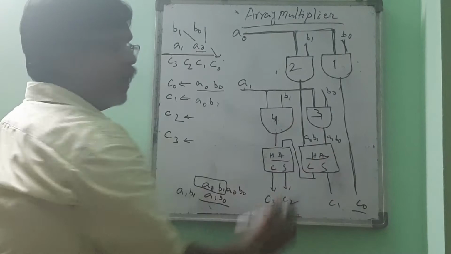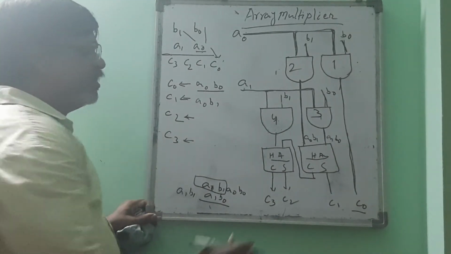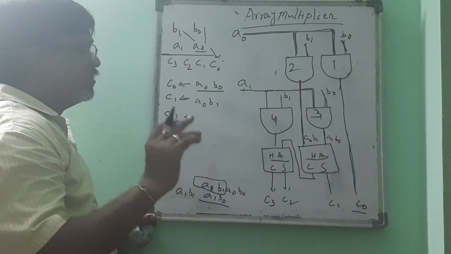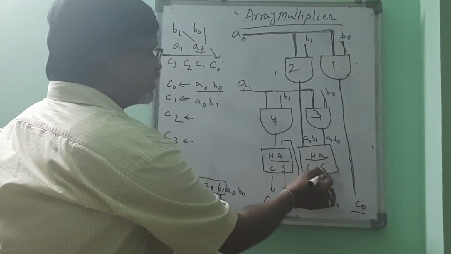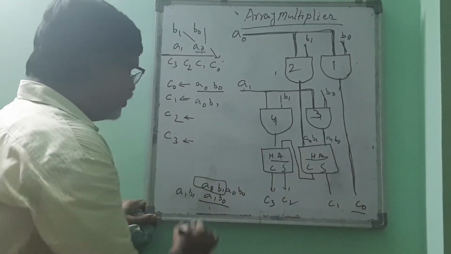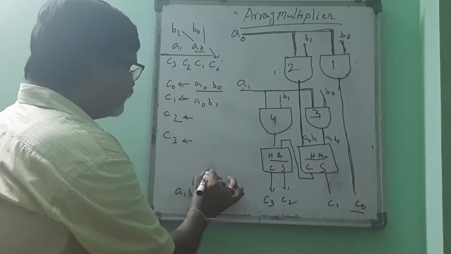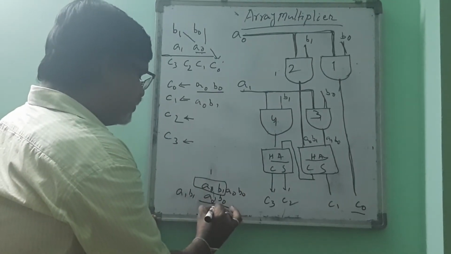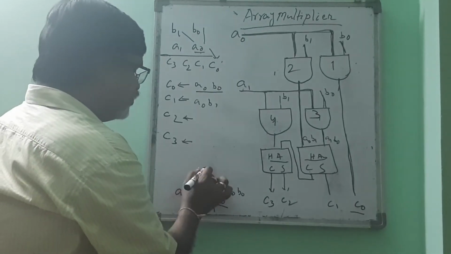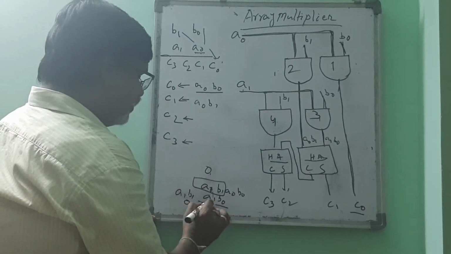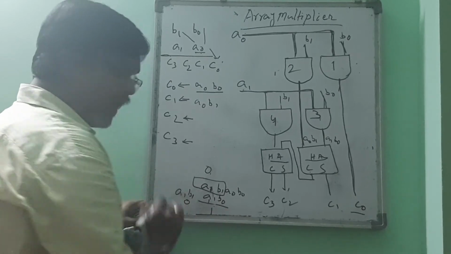These two are given as 2 inputs for a half adder. When given as 2 inputs for a half adder, we get 2 outputs, one is sum and the second is carry. If this is 1 and this is 0, sum is 1 and carry is 0. Or if this is 0 and this is 1, sum is 1, carry is 0.